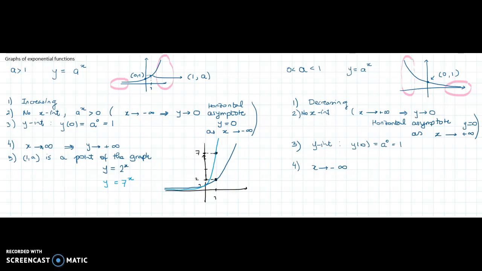And what we see from our picture is that the value of the function is getting huge and positive. So we write y approaches infinity. Similar to the other case, we have kind of a mirror behavior. This time it's when x approaches negative infinity. Again, let's look at the point -1, a to the power of -1. This is a point on the graph.